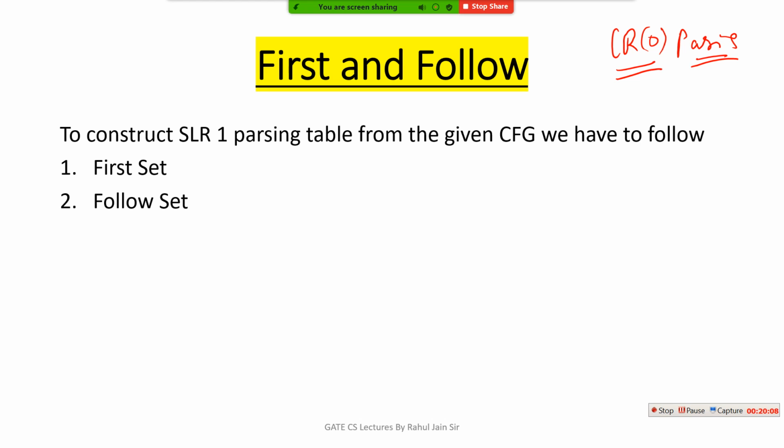Now in LR0 parsing, the drawback is that we need to mention reduce states in all the parts of the action table entry.